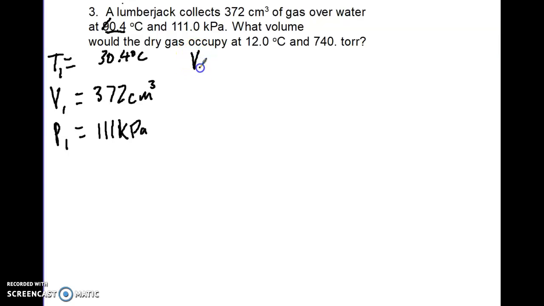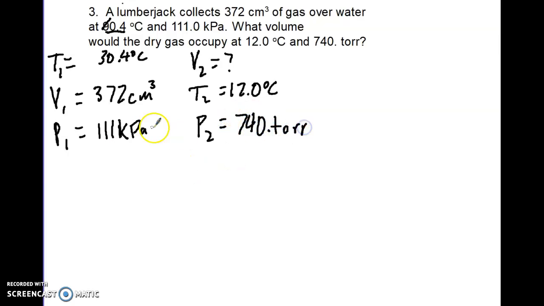What volume, so we're looking for the second volume, would the dry gas be if T2 was 12 degrees Celsius and our P2 was 740 torr? Now, different units of pressure. Get some more practice converting those.